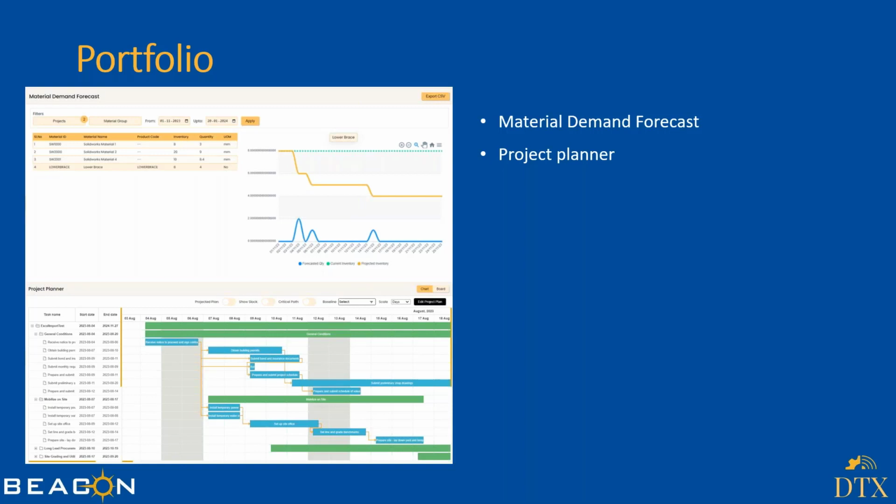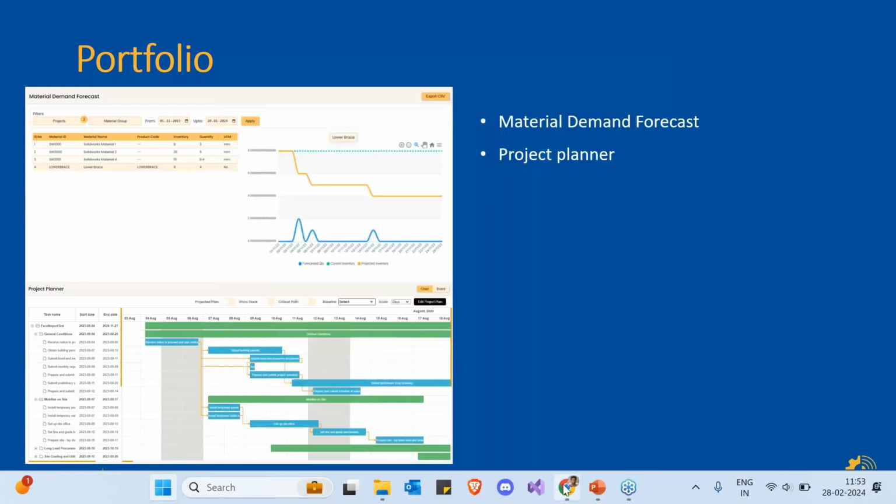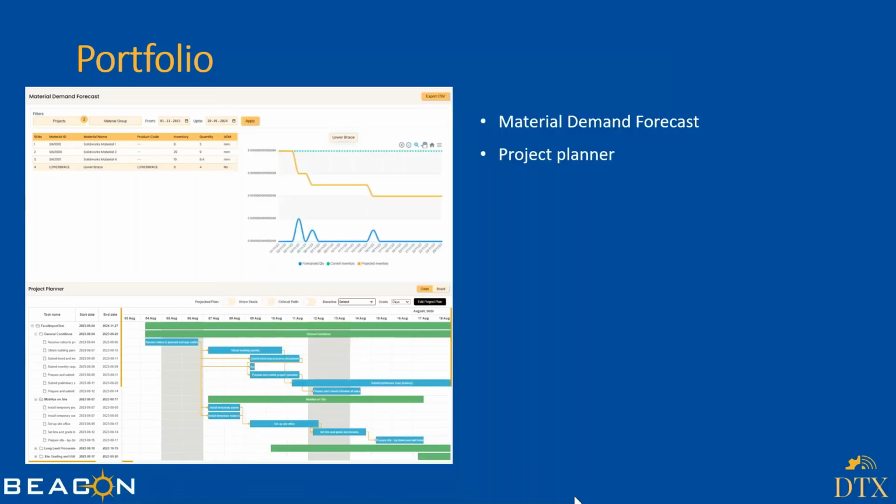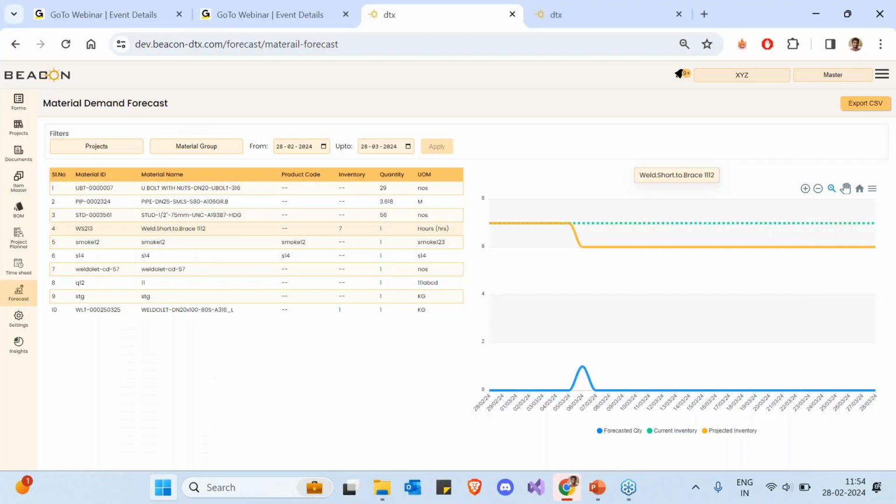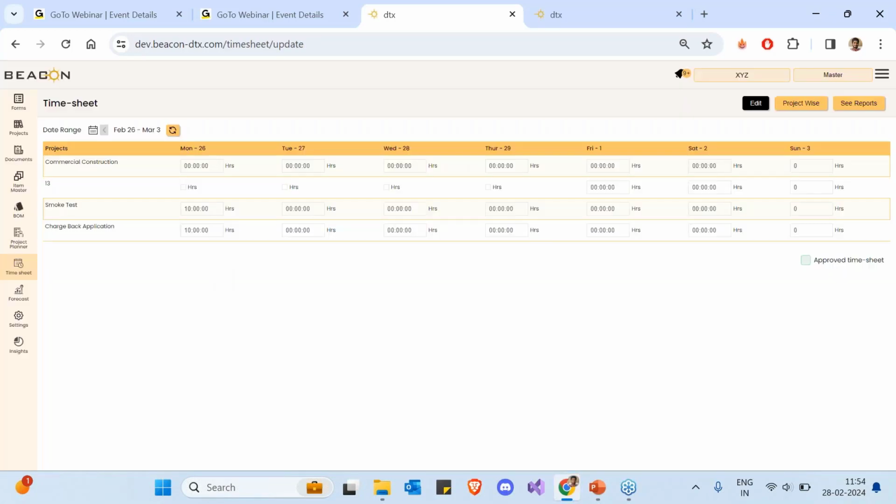Let me just show that. If I go to my timesheet and select a project, and go to the report section, I'll be able to see how many users are occupied in a given project and where all that time is being utilized.